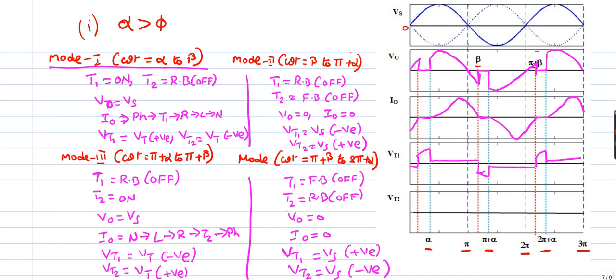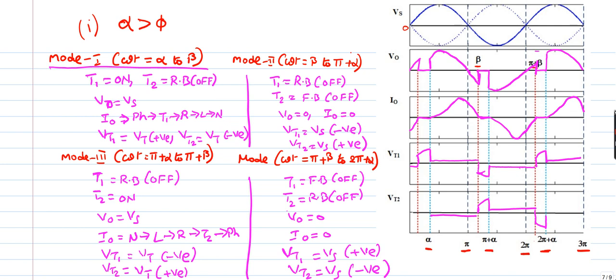Now similarly for thyristor T2, alpha to beta, it will be minus Vt. Beta to pi plus alpha, it should be plus Vs. Pi plus alpha to pi plus beta, Vt positive. Pi plus beta to 2 pi plus alpha, Vs negative.